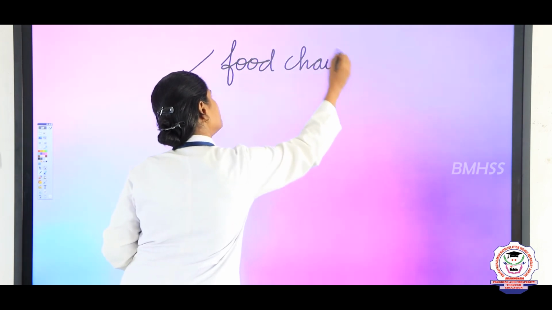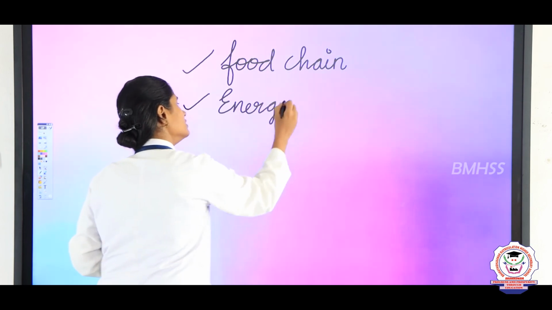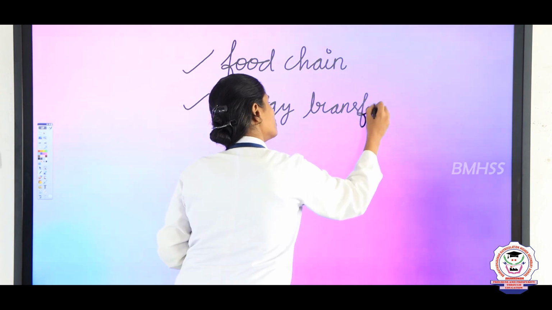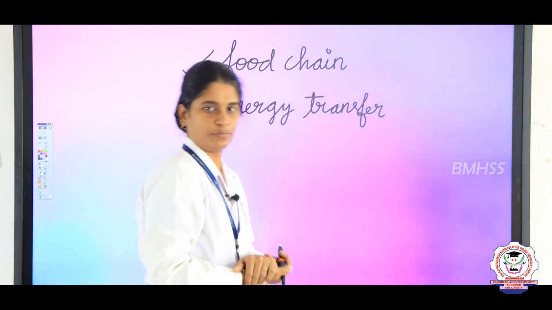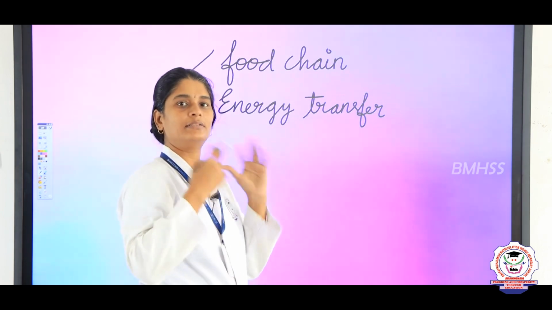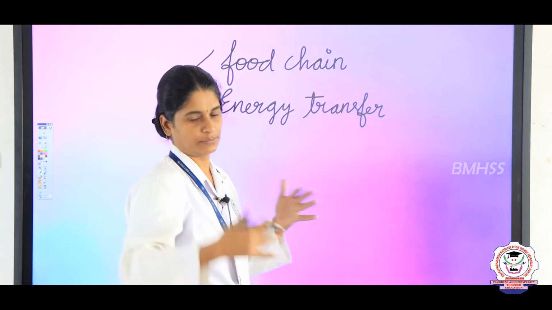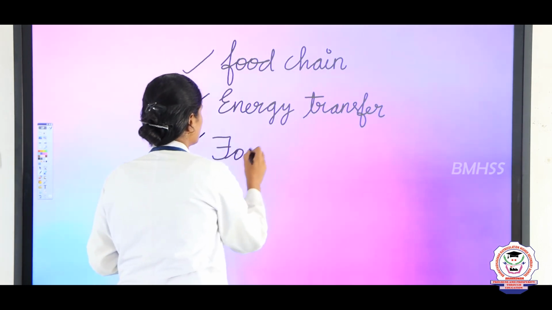Then we learnt about energy transfer. Energy is transferred from the plants till the apex consumers. From the sunlight the plants get the energy, and it passes to the other organisms, other animals. We also learnt what a food web is.